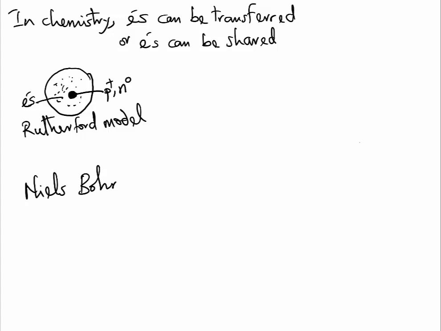You must have seen that model of an atom before. It looks like this. Let us assume this is the nucleus of the atom. According to Niels Bohr, the electrons in the atom are arranged in shells around the nucleus.